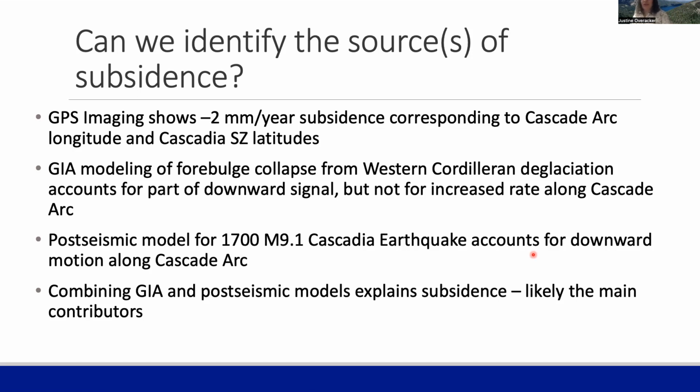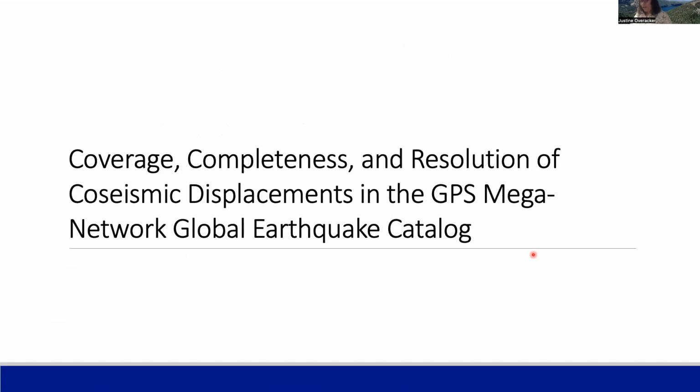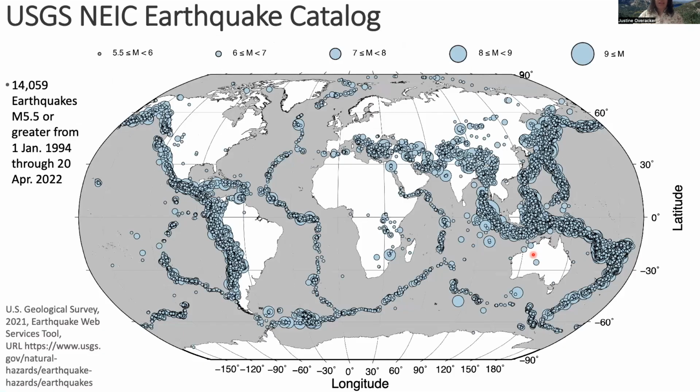So next, we're going to pivot a little away from postseismic earthquake deformation to talk about coseismic displacements. When I say coseismic displacement, I'm really talking about earthquakes, and this is a map of all of the earthquakes magnitude 5.5 or greater recorded by the USGS National Earthquake Information Center between January 1st, 1994 and April 20th, 2022.